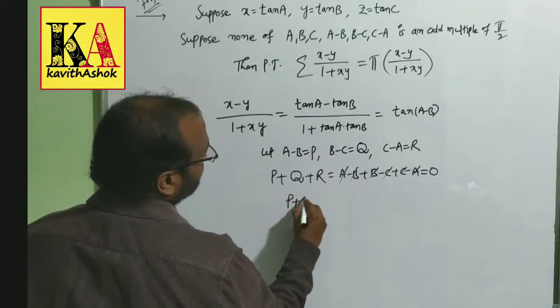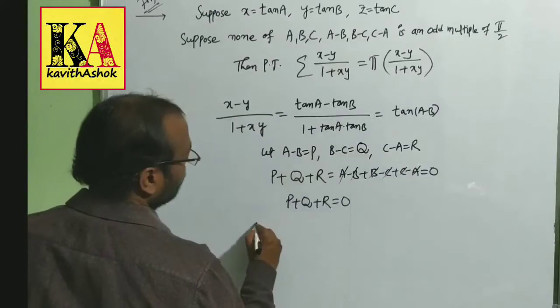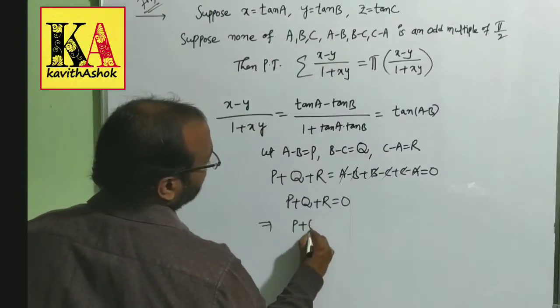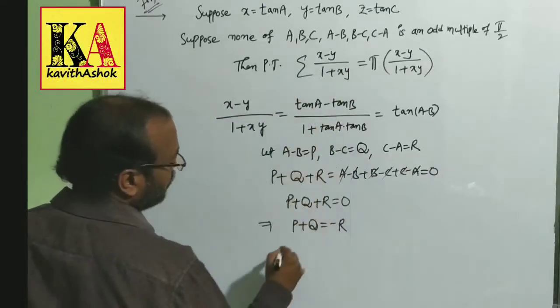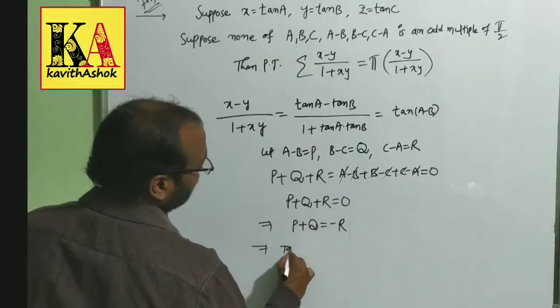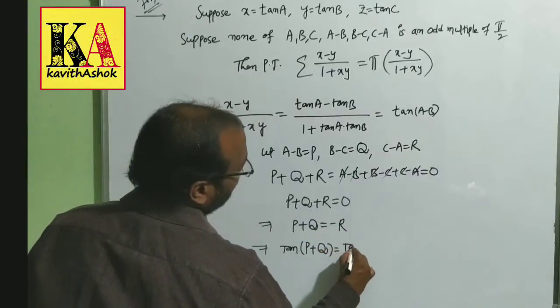So P plus Q plus R is equal to 0. So now P plus Q is equal to minus R. Our problem is in terms of tans, so apply tan on both sides. Tan of P plus Q is equal to tan of minus R.